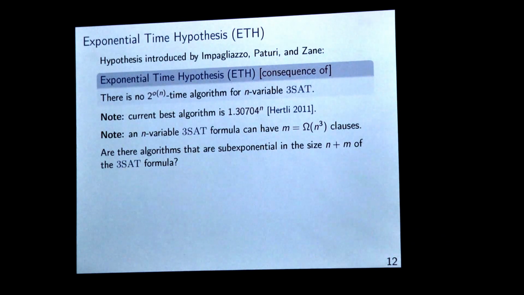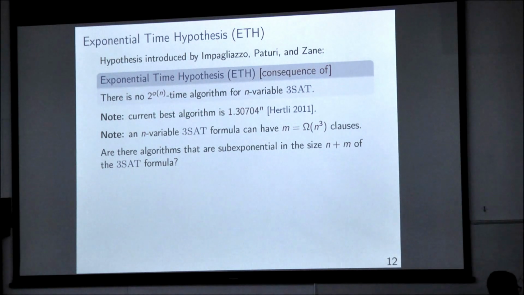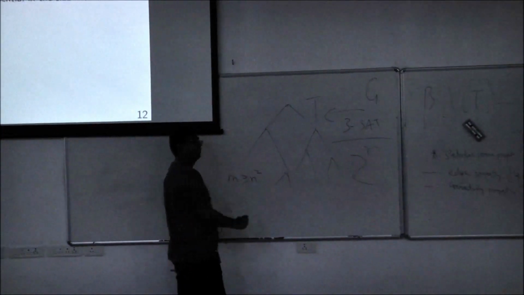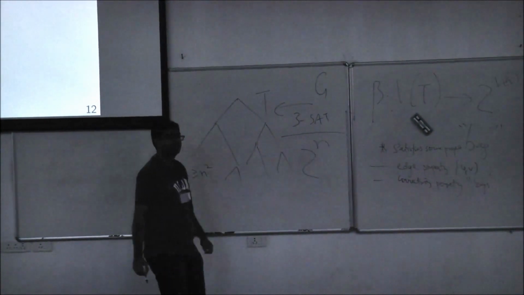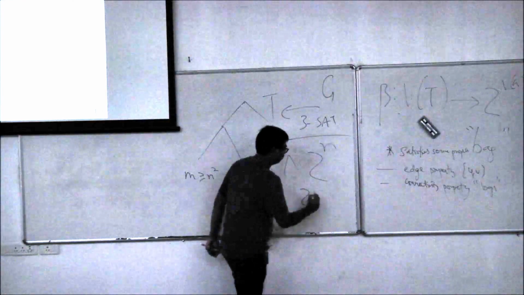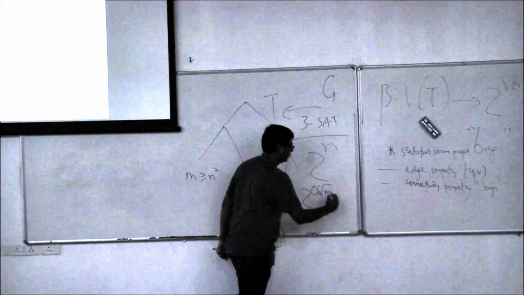Because notice why it is interesting. Look, 3 SAT can be solved that much faster, but it can also be solved in time 2 to the power m. Right? There is an algorithm which runs in time 2 to the power m. So if m is, say, at least n square, then what is the running time of this algorithm in terms of n plus m? This is nothing but 2 to the power big O of square root of n plus m.